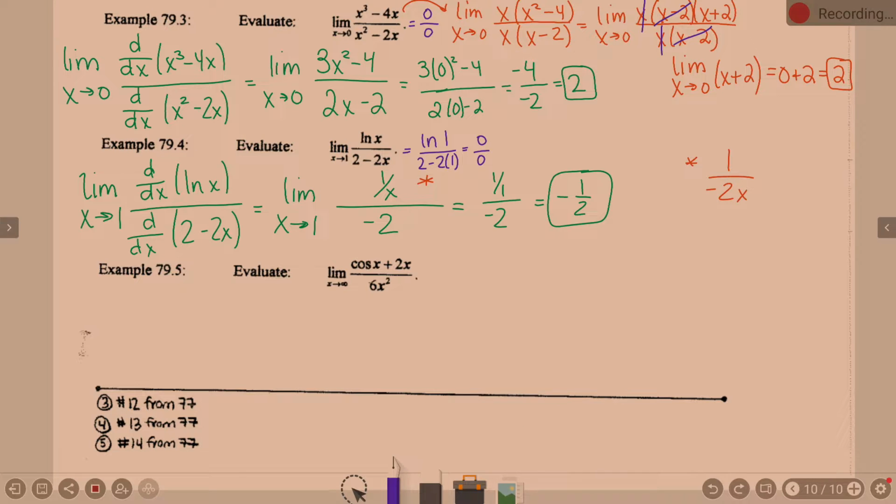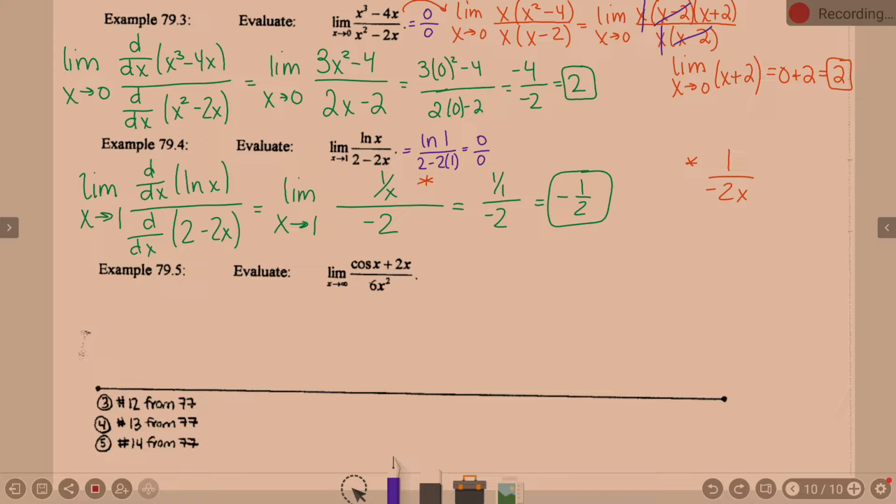Well, you can't just do the power thing because cosine x is not a power. The power thing only works when you just have straight polynomials, when it's all just positive powers of x, no other trig functions, log functions, powers thrown in there. So the power thing does not work because of the cosine x.